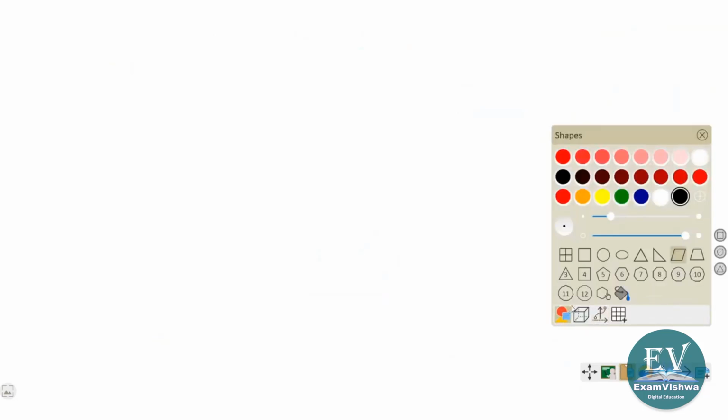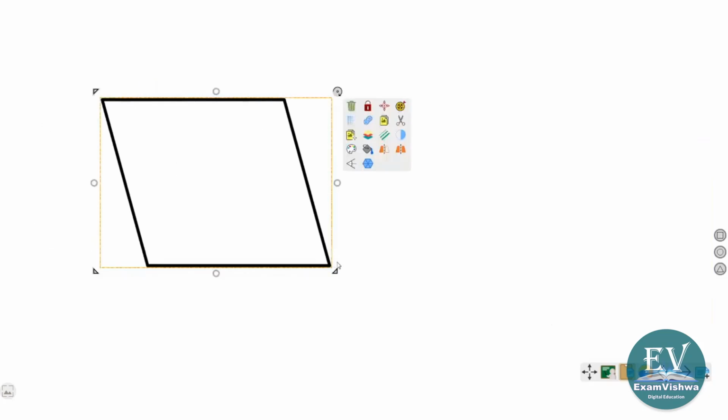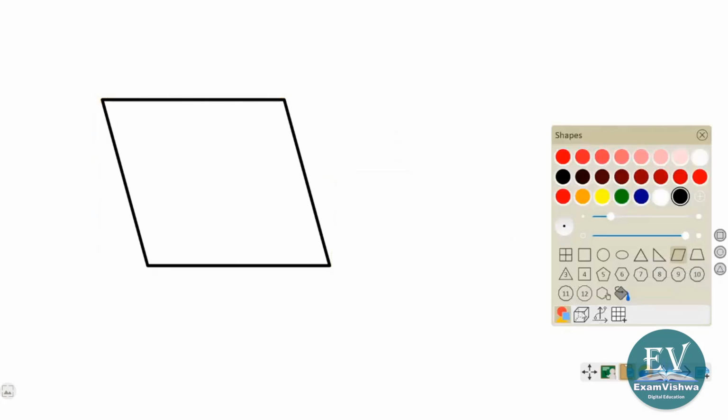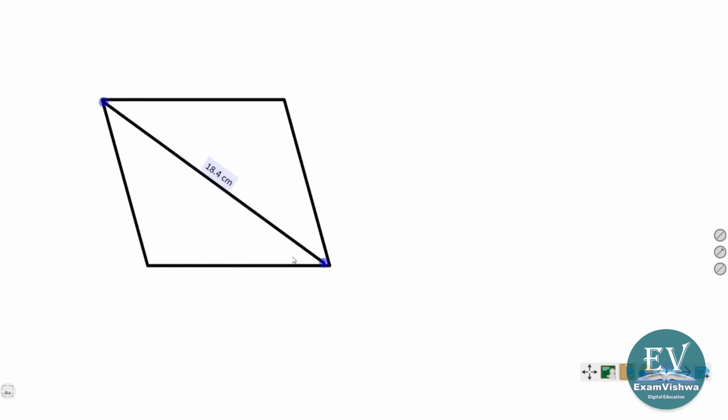I will draw a rhombus and tell you once again the formula to calculate the area. This is a rhombus, and it has its own diagonals like this, and the diagonals divide each other at right angle at the center.